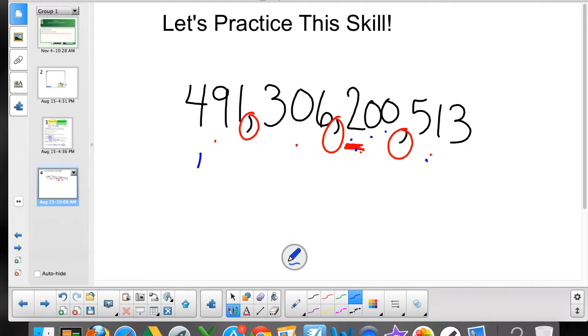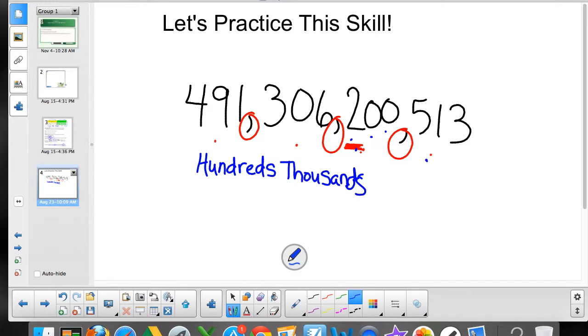So we have a hundred thousands place again. Don't let big numbers intimidate you.